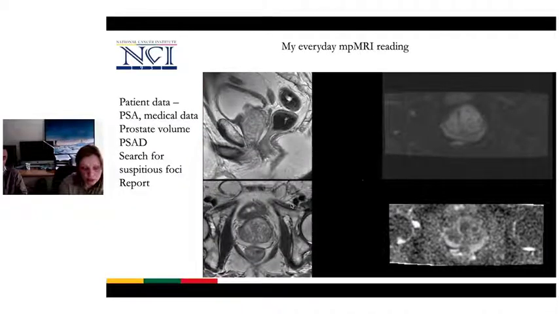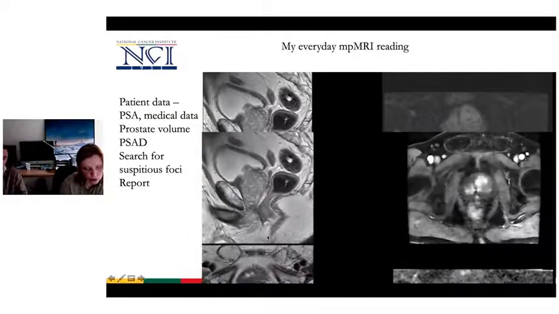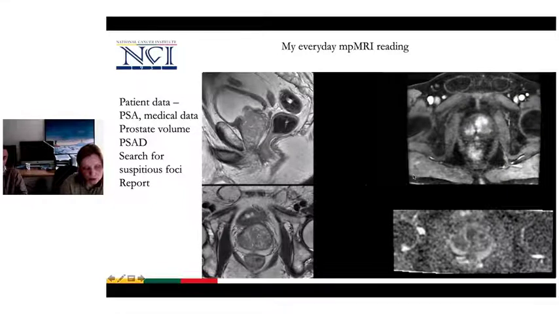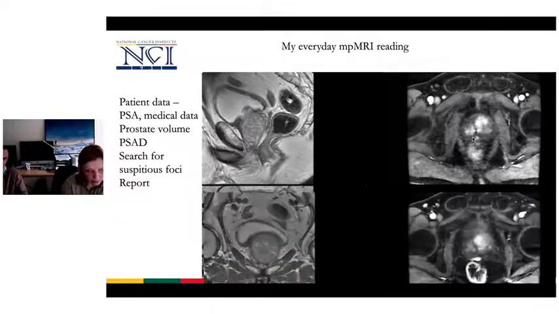Mostly I look at ADC first, and then at diffusion, and then I look if I have corresponding foci on T2 images and on contrast enhanced images. If I have, then I report and score them, and later I put markers on the scheme.